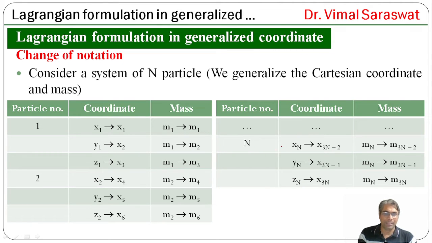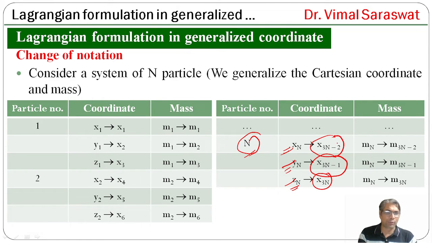In the same way, if we take particle number n, then its actual coordinates were xn, yn and zn. Now, in generalized coordinates, we write zn as x3n, yn as x3n minus 1 and xn as x3n minus 2.